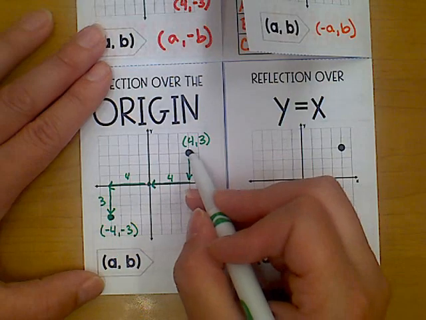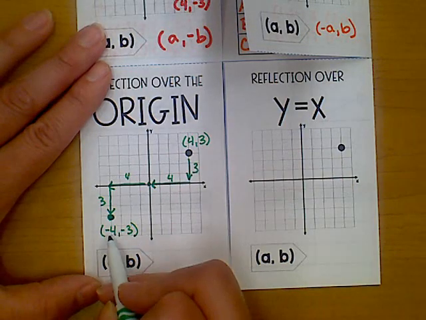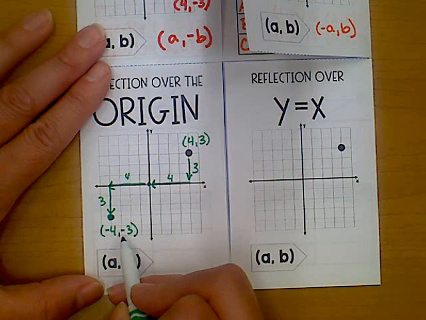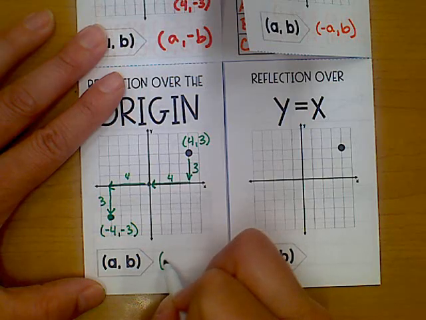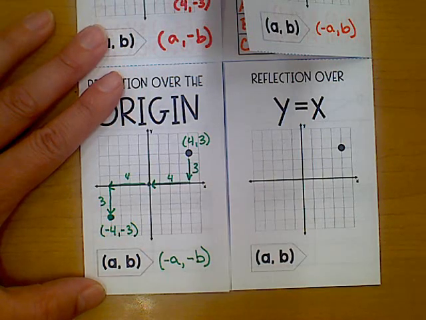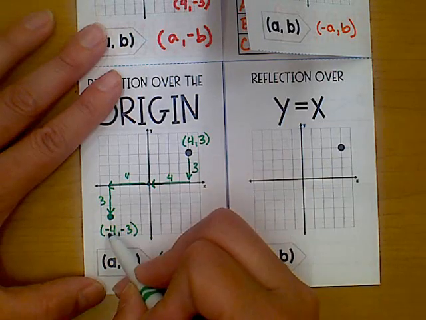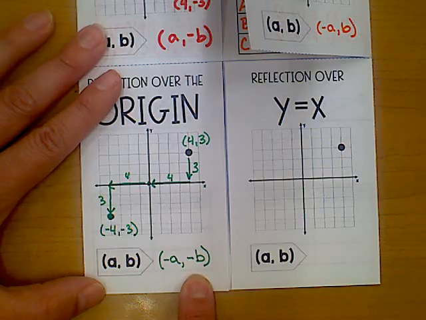What we'll notice is that in our original point, both numbers were positive: 4, 3. And in our reflected point, it was -4, -3. So what we say for reflecting over the origin is that both the x-coordinate and the y-coordinate need to go to the opposite. 4 went to -4 and 3 went to -3. So both of those go to the opposite.